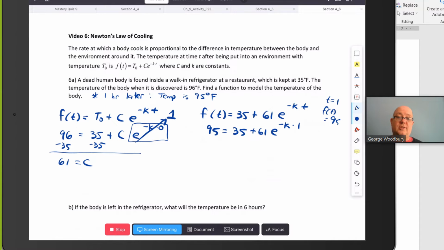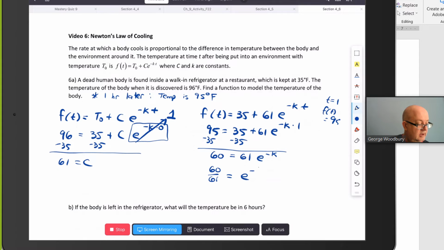Negative k times 1 is just negative k. Subtract over the 35 first, and we get 60 equals 61 e to the negative k power. Divide over the 61. 60 over 61 equals e to the negative k power.